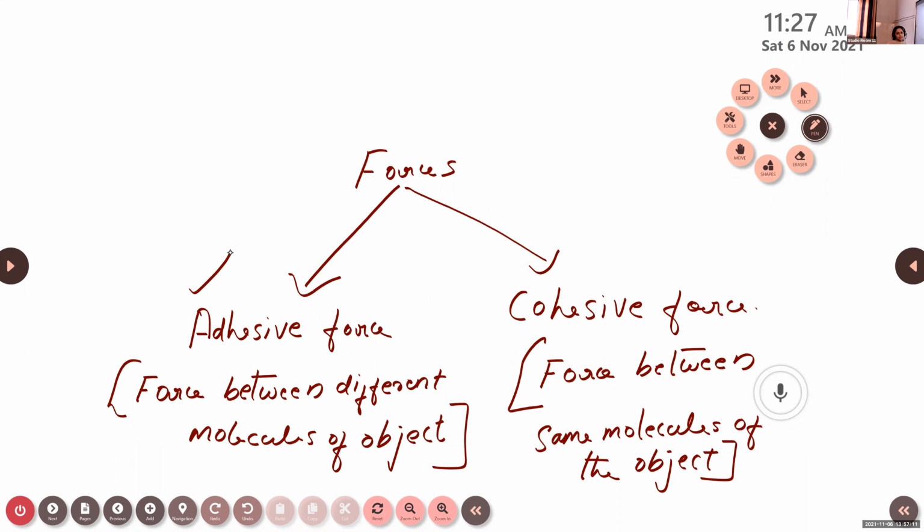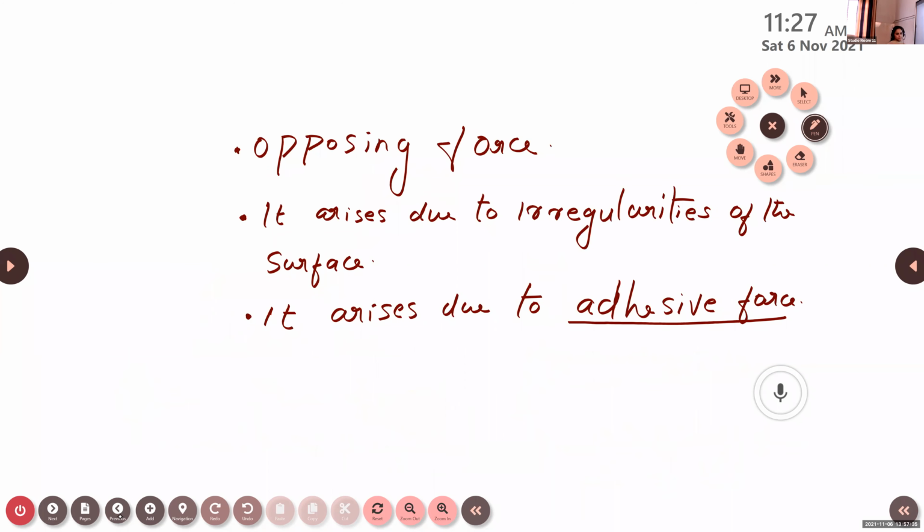You just imagine the motion of any object. If a human walks through a road, the molecules are different. Or if there is movement of molecules in a container, molecules of a glass or beaker, and the molecules of water, both are different. So all of these are examples of adhesive force, or we can say the frictional force arises due to adhesive force.